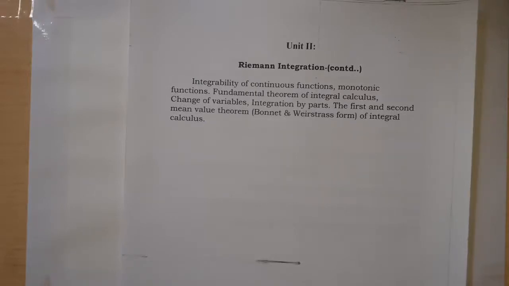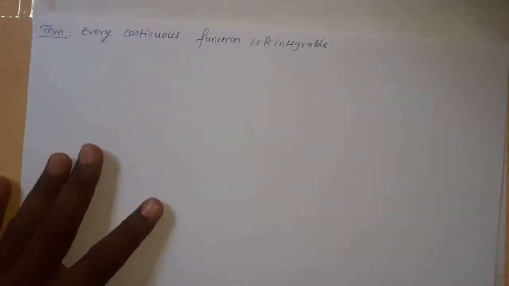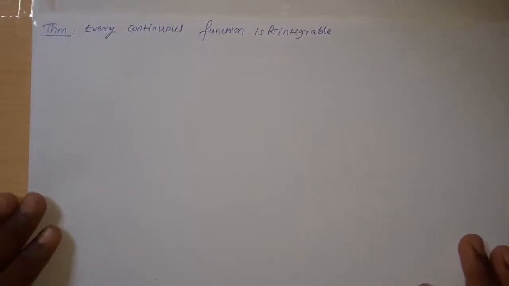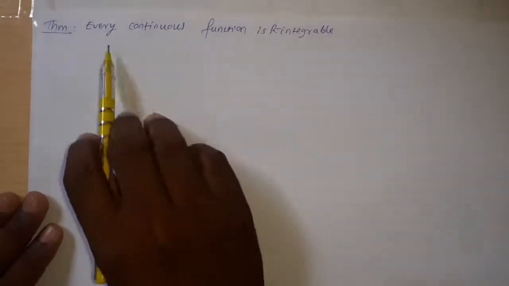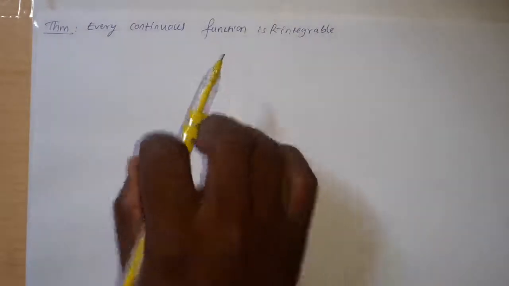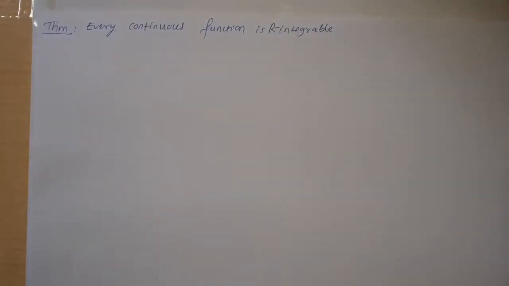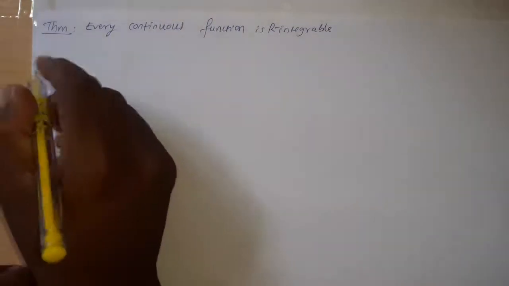Now, let us start with the first theorem of this unit. Here is the statement of the first theorem: every continuous function is R integrable, or Riemann integrable. Let us prove this one.